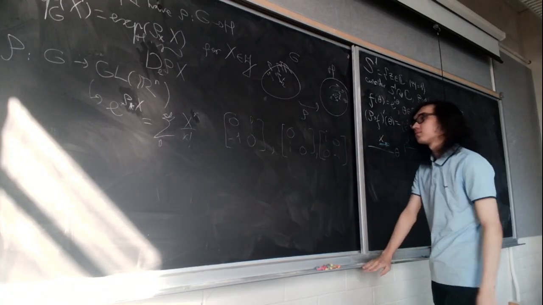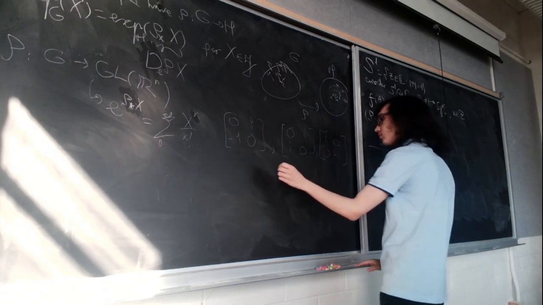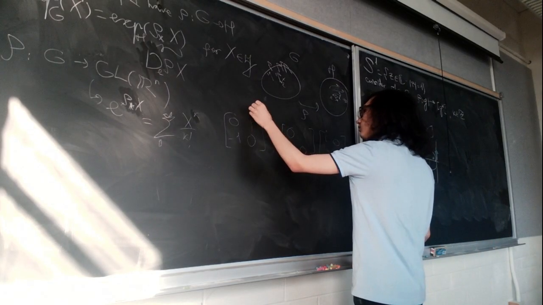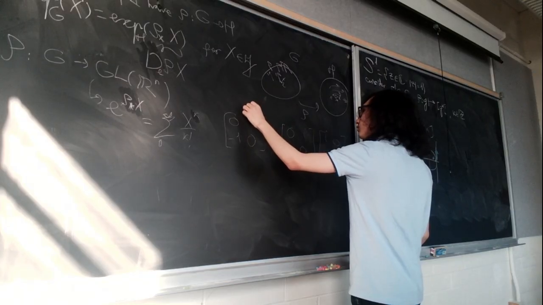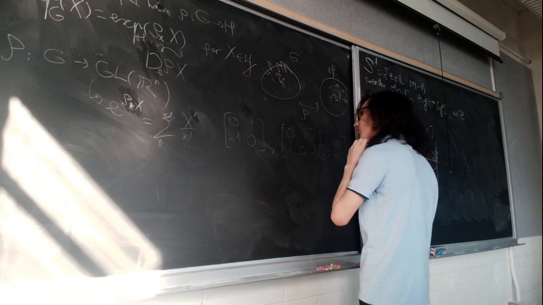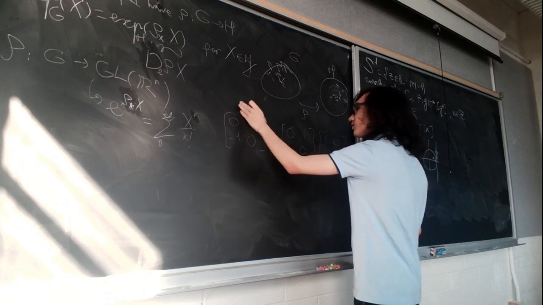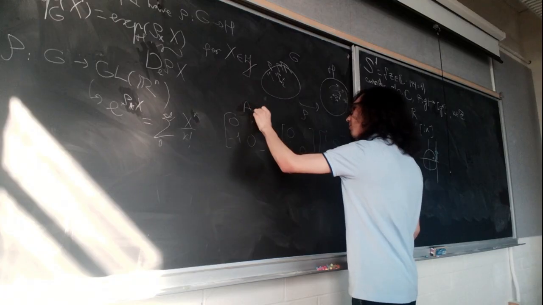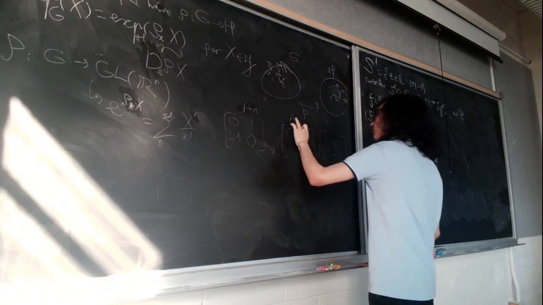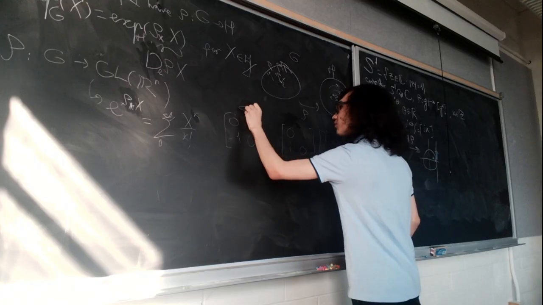It turns out they satisfy commutation relations. The three of these matrices, they're called sigma one, two, three.